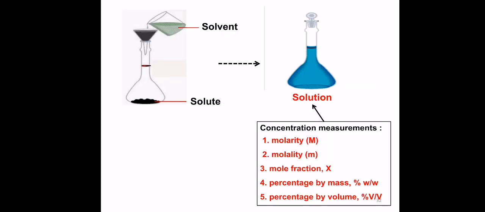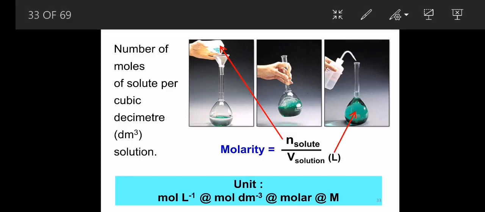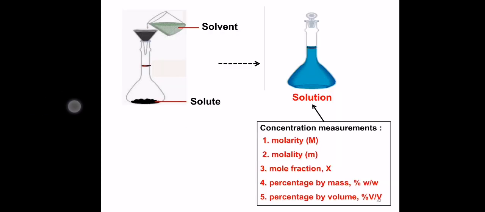So, for example, solvent can be put in the volumetric flask. Inside there is solute. So you managed to get the solution, right?